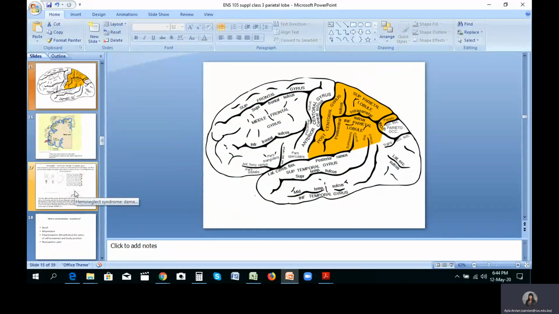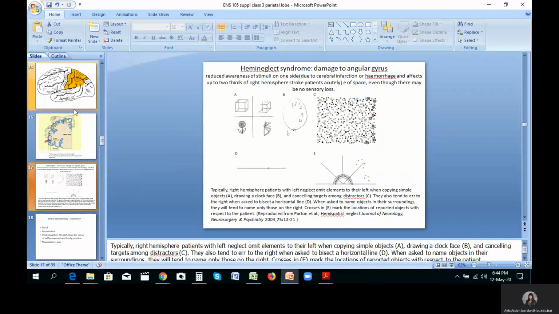I want to show you with this example. These are the people, and these are some tests done on patients who have damage in the angular gyrus, which is found, as I already said, in the inferior parietal lobule.